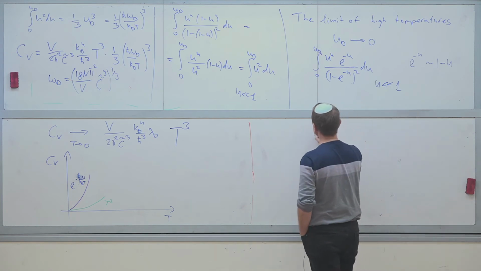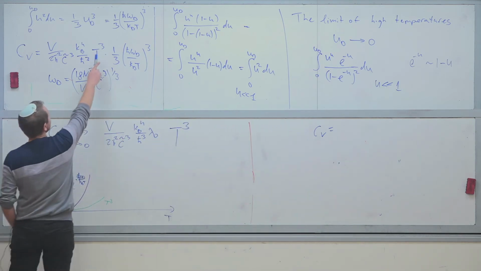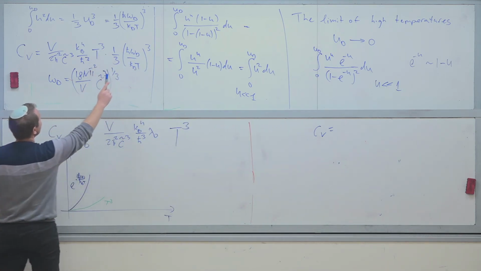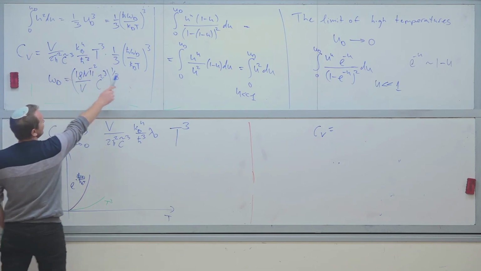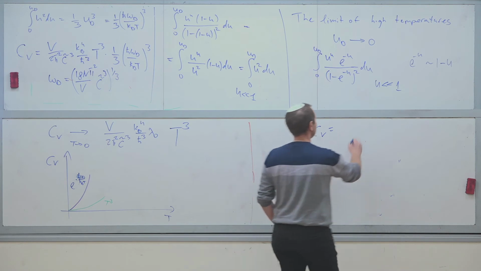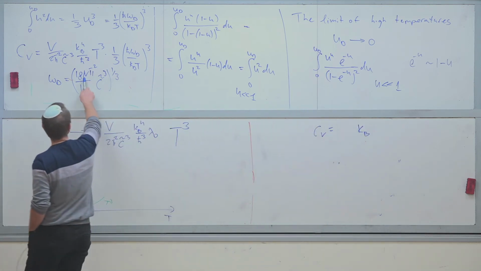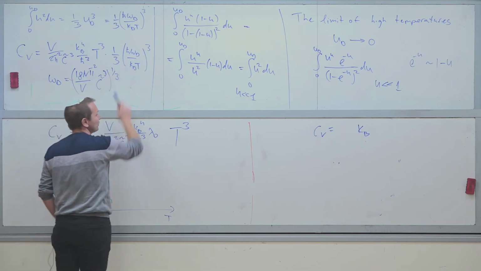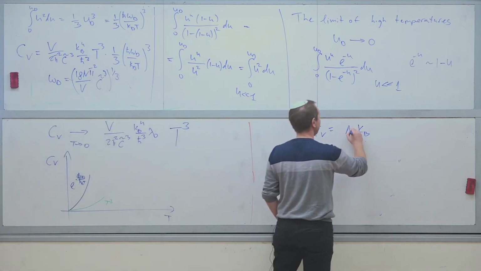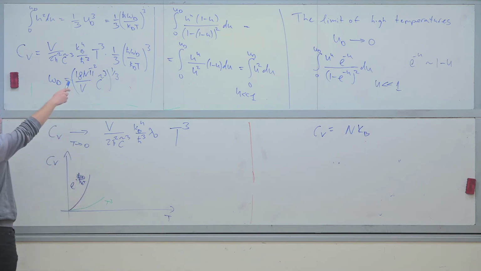We obtain that CV, look, all of this disappears. You see, this is T to the third, T to the third, K Boltzmann to the fourth, K Boltzmann to the third, so we are only left with K Boltzmann. We have n to the 1/3, n to the third, so we have n. Everything else, h bar to the third, h bar to the third, T we already killed.